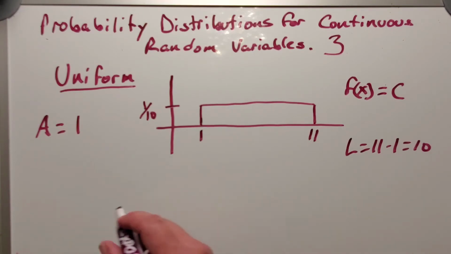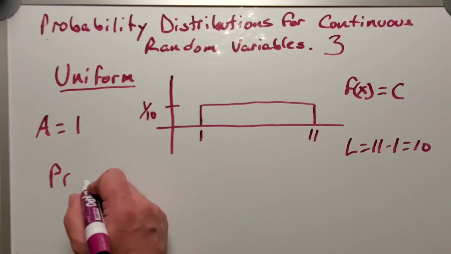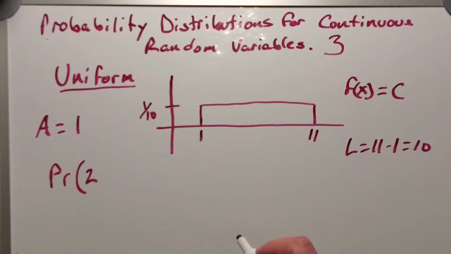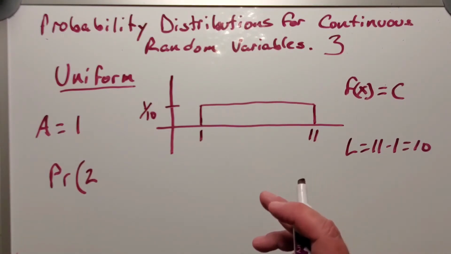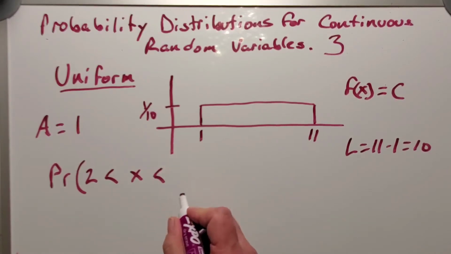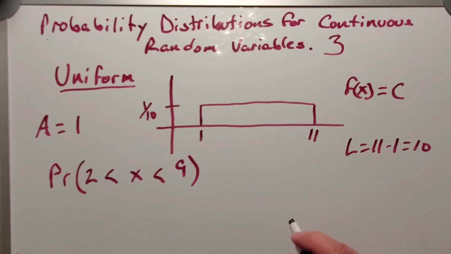Well, we can do some problems. Let's imagine that we have such a probability distribution, and we're asked, what's the probability of a randomly selected event occurring between, let's say, 2 minutes and 9 minutes?